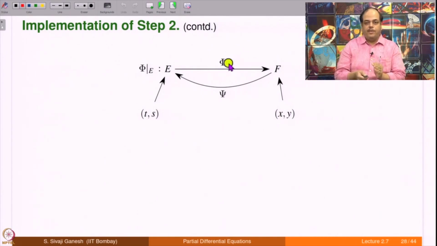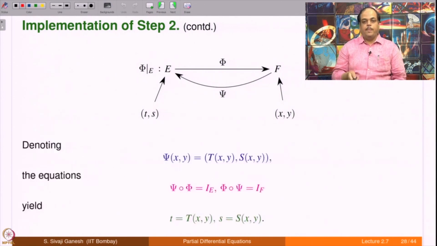Whatever the map phi is, it maps (t, s) to (x(t,s), y(t,s)), so (x(0, s0), y(0, s0)) is (f(s0), g(s0)), and a mapping psi such that these compositions, going from E to F and coming back, or going from F to E first and then coming back to F, both will be identity functions. Here we are using ts coordinates, here we are using xy coordinates, the variable names.